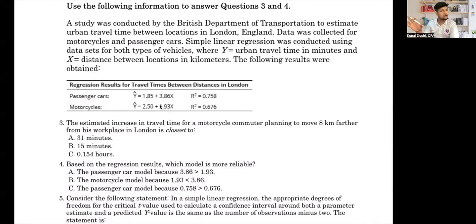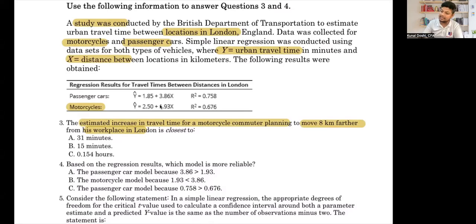Now, same thing they have asked here. They have given a lot of information, but if you read, estimated increase in travel time for a motorcycle commuter planning to move 8 kilometers further from the workplace in London. A study was conducted by the British Department for traveling between locations in London. Data was collected for motorcycle and passenger car, and linear regression was conducted using both types, where Y is urban travel time in minutes and X is the distance.